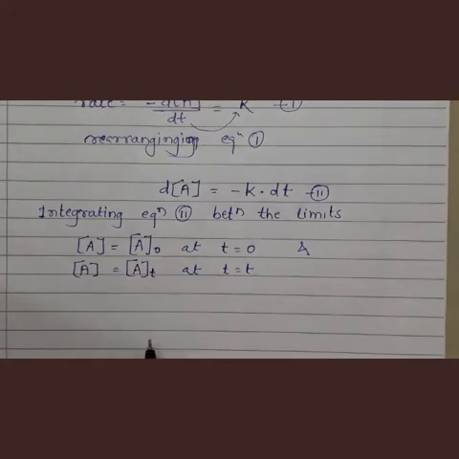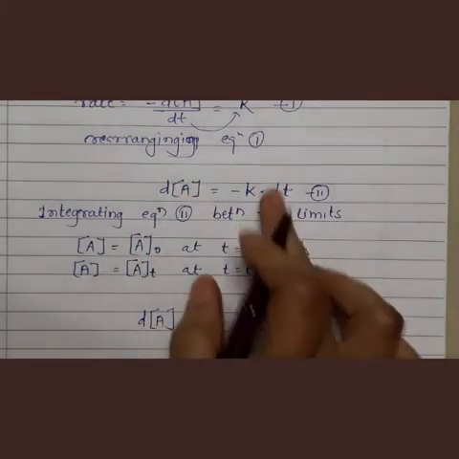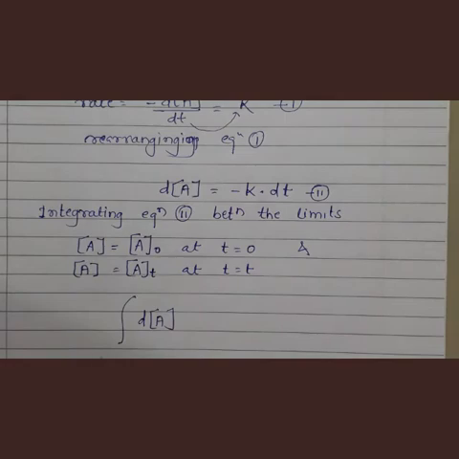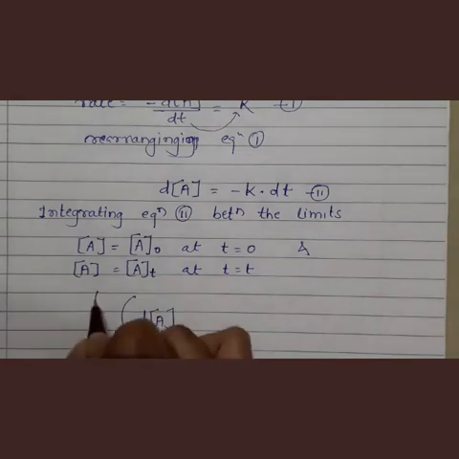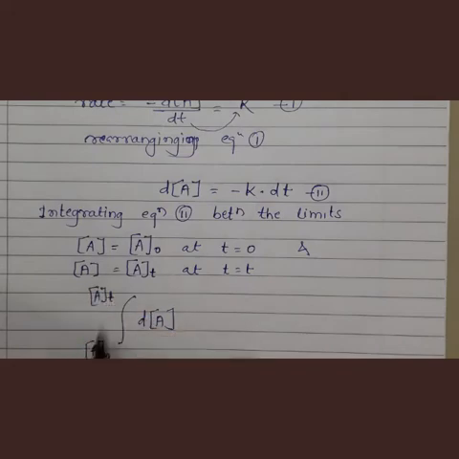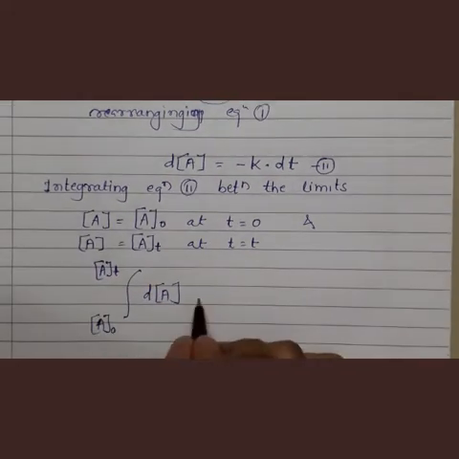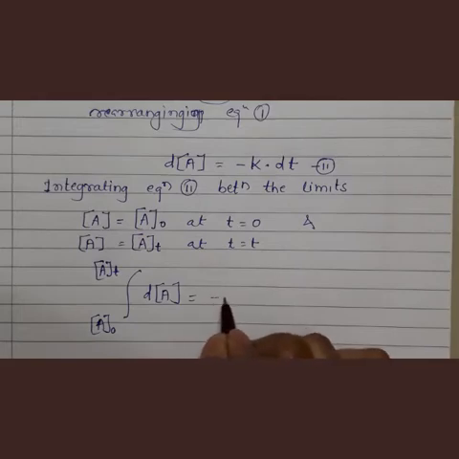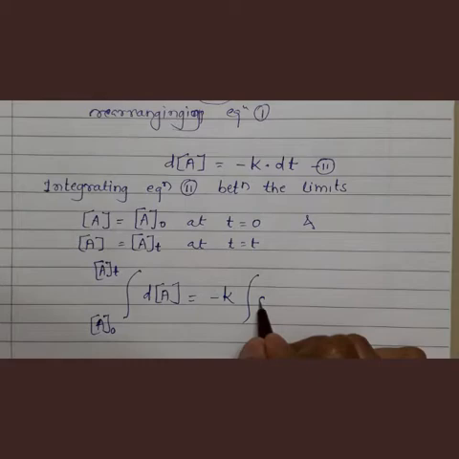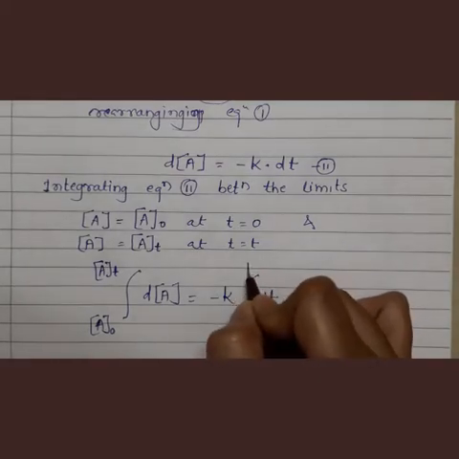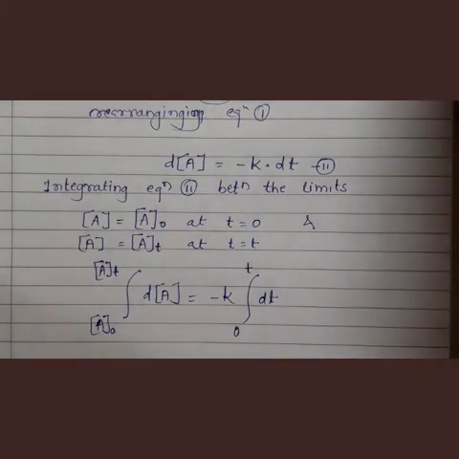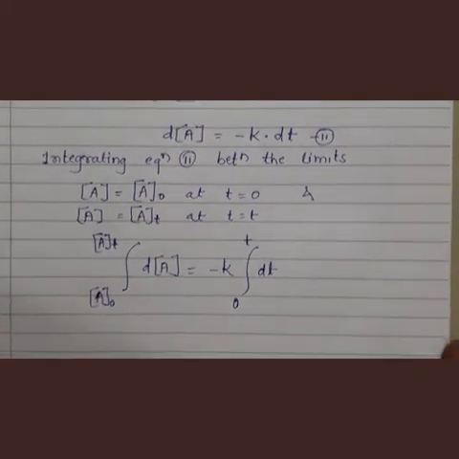So let us integrate it. d concentration of A, from initial concentration A0 to final concentration At, is equal to minus k, which is constant so it will remain out of the integration, then dt, and for time we integrate from initial time 0 to final time t. Then we have to solve this now.